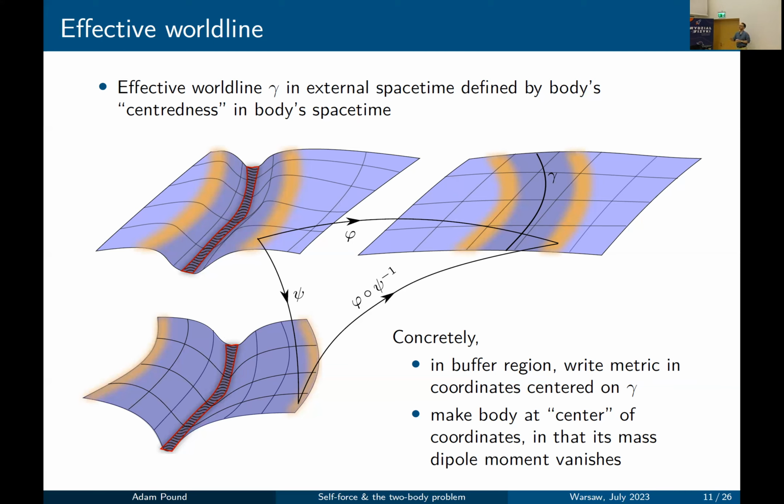So if you have a non-zero mass dipole moment, that's telling you that your center of mass is not at your center of coordinates. And I said my coordinates are centered on this world line up here. So I want the mass dipole moment to be zero, such that the center of mass of the body is on that world line, in this sense that emerges from this matching procedure.